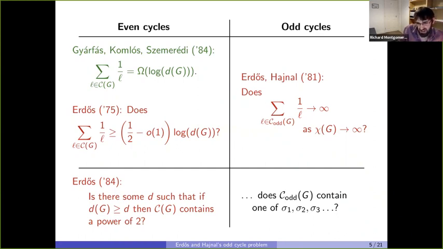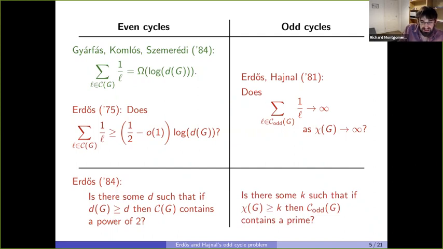And down in the bottom right quadrant, less asked, but let's take as our example sequence: can I find a cycle which has a length which is a prime number just by imposing some chromatic number condition on G?